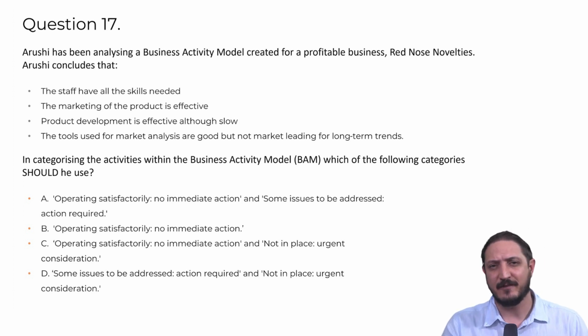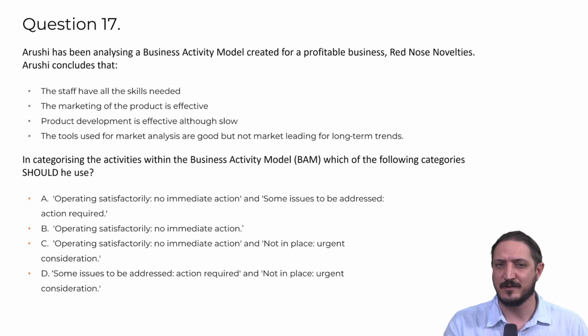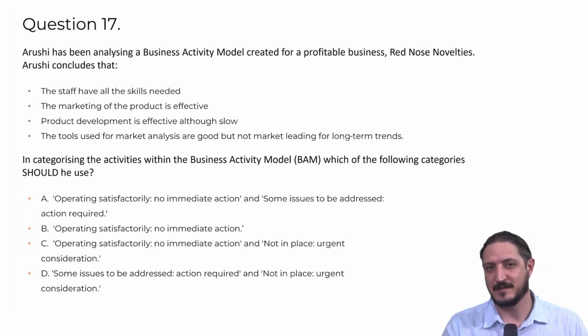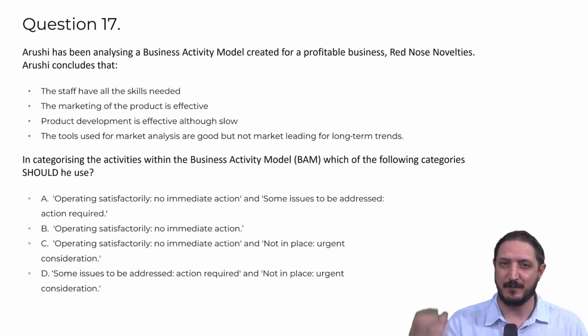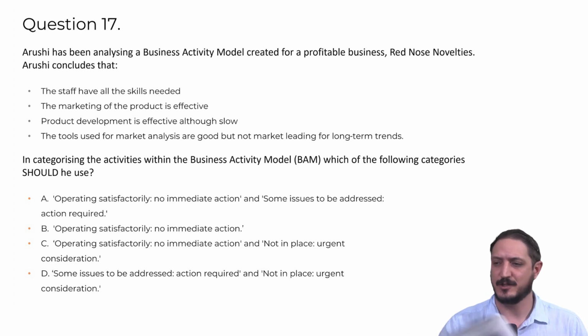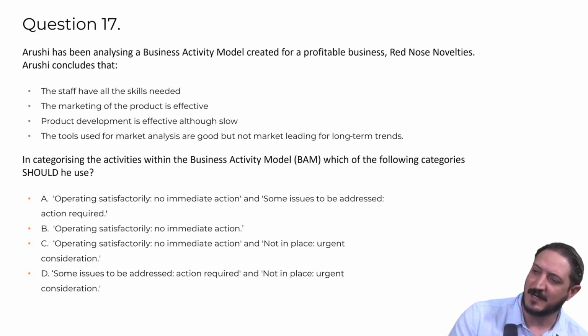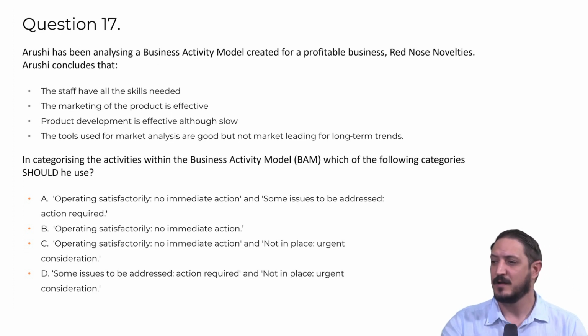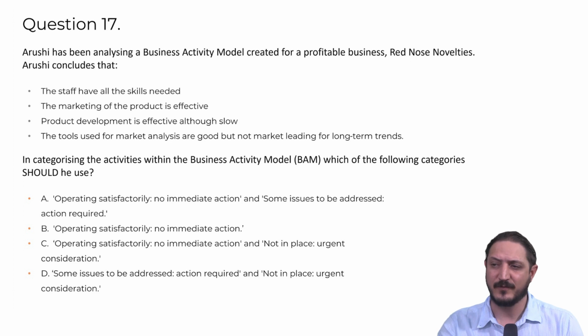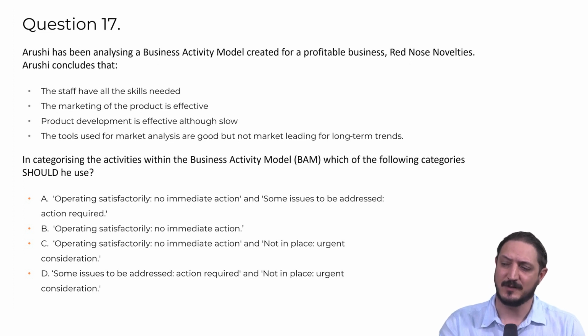So that's given us a lot of context in terms of the categorization of activities in a business activity model, maybe during a gap analysis process. Now, having this knowledge, let's look at this question again. It says, Rishi has been analyzing a business activity model created for a profitable business, Red Nose Novelties.